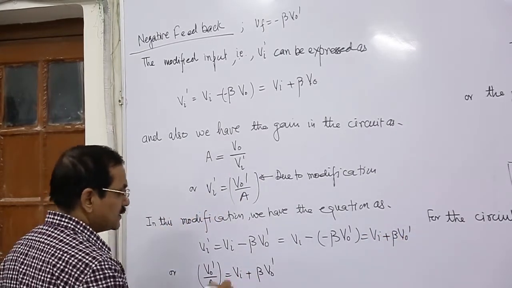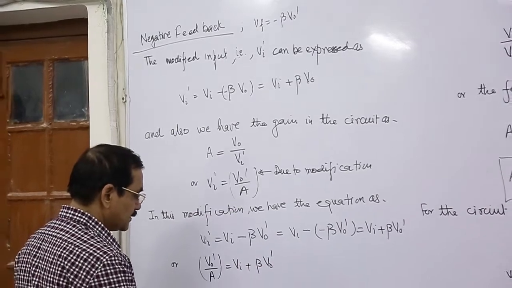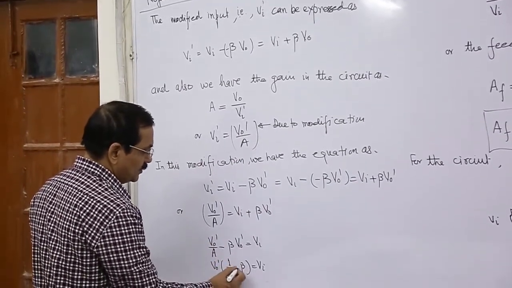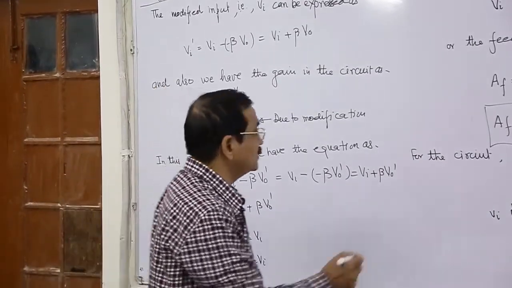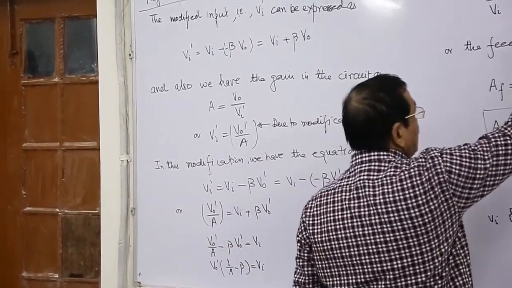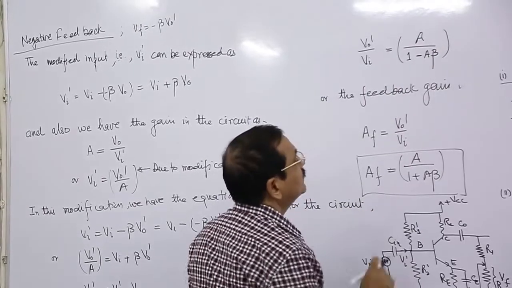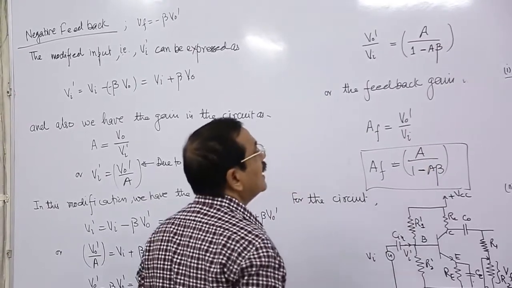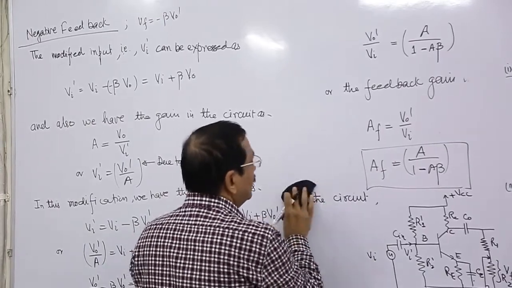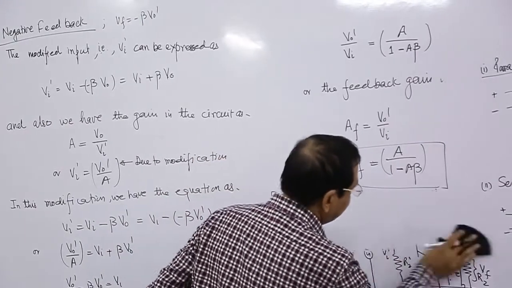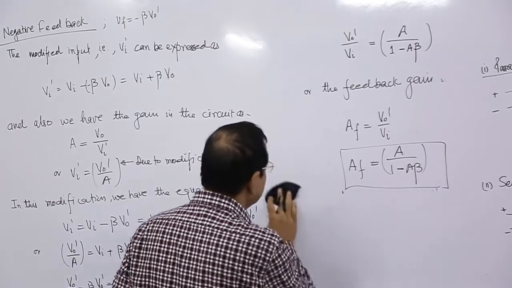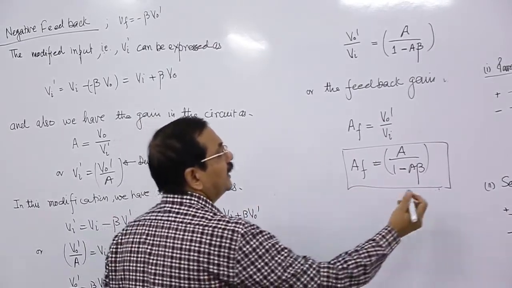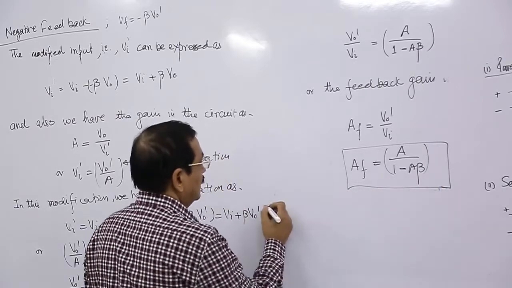We have the same gain, and this minus beta V0 has important consequences.